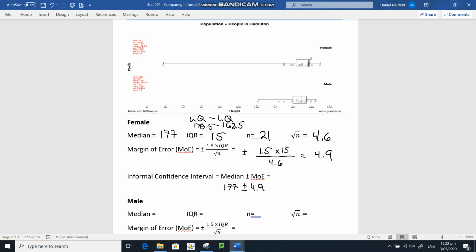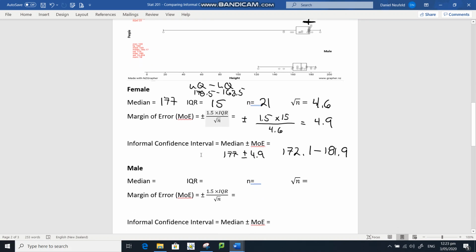So this gap is going to be between 181.9 and subtracting, 172.1. Good. Okay, so it's anywhere between there. That's where this gap is going to end up being. Okay, 172.1 to 181.9.